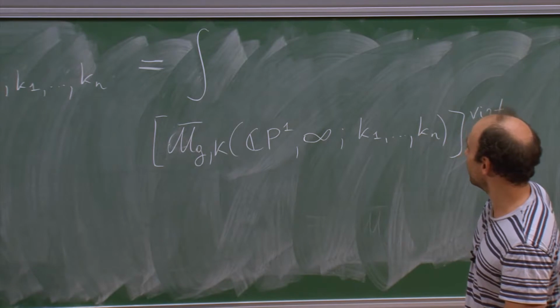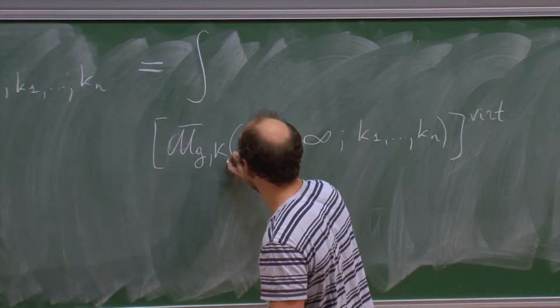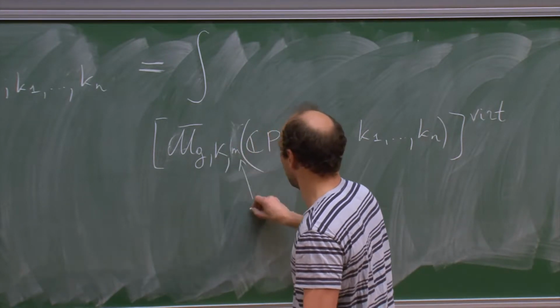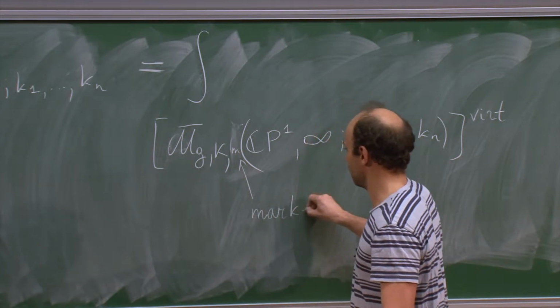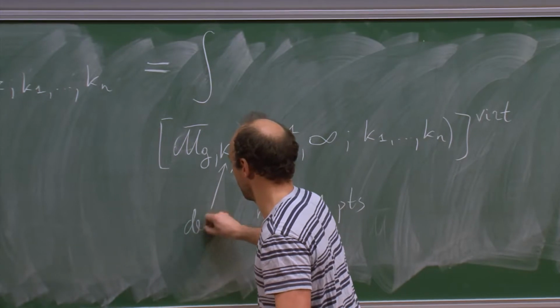And I should add m marked points here, and k is the degree of the map.